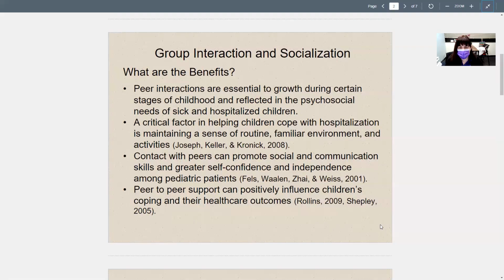And this is called normalization. Contact with peers promotes social and communication skills and greater self-confidence and independence among pediatric patients. So peer-to-peer support can positively influence children's coping and their healthcare outcomes.